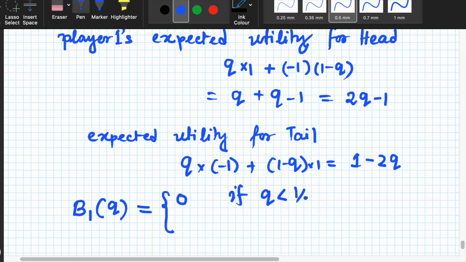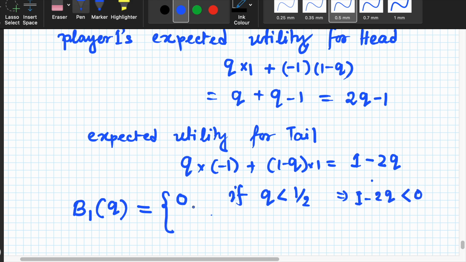Why? You can see from here, for q less than half, 1 minus 2q is greater than 0.